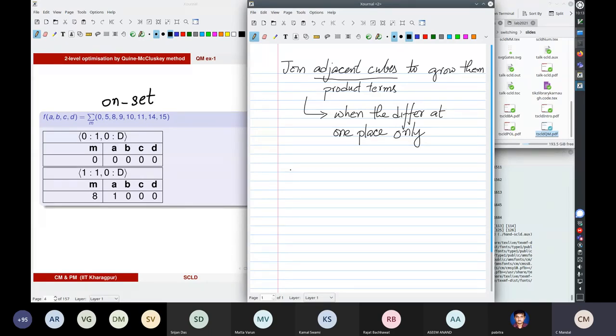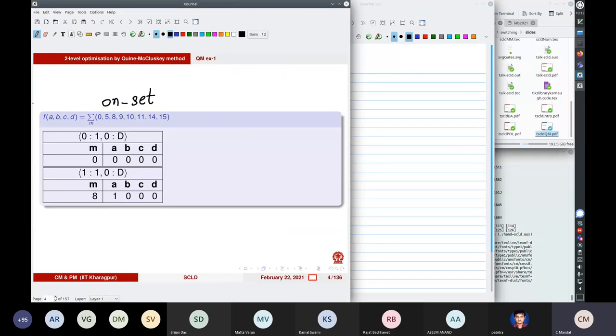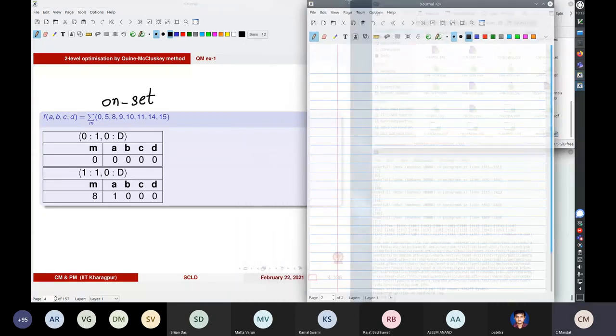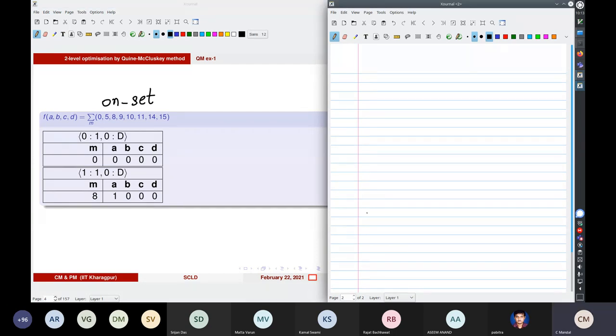So now let us do it. We are considering two cubes here. So this cube is 0.